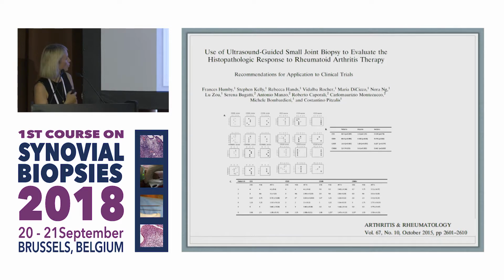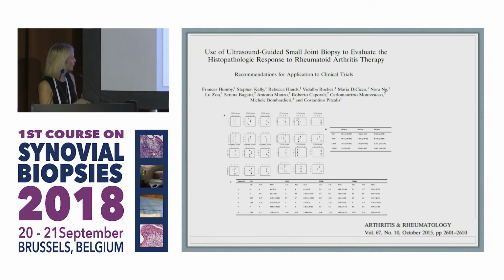So one of the areas we began to look at, in a collaborative effort with our colleagues in Pavia, somewhat replicating the Carlos Schiré paper, was a comparison between ultrasound-guided needle biopsy samples and arthroplasty and synovectomy samples, which give a real representation of the whole joint.